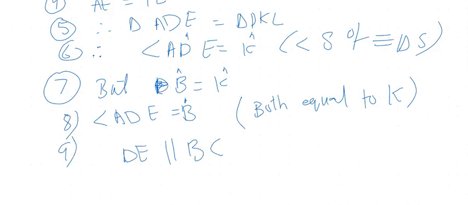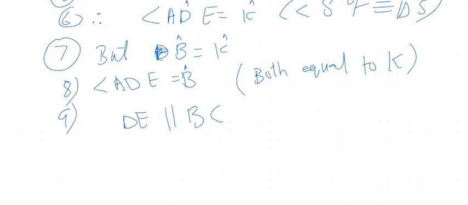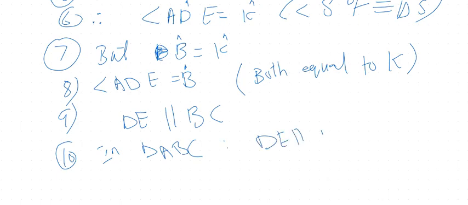So the tenth point we have is, in triangle ABC, DE is parallel to BC. Okay, so how can we say that?